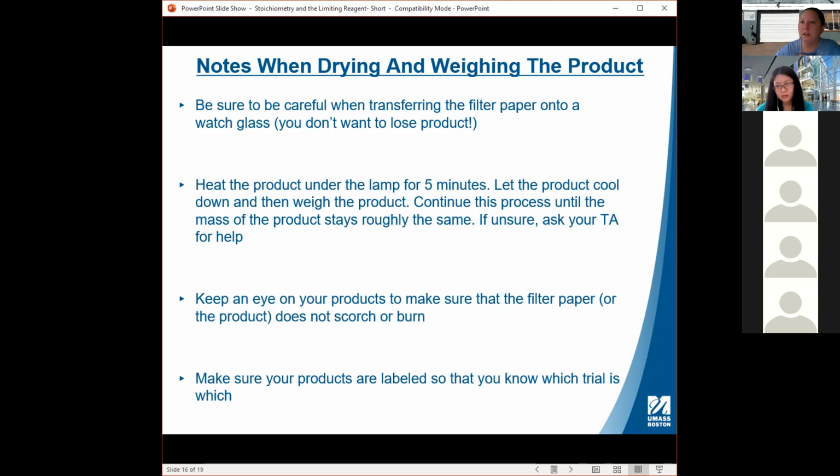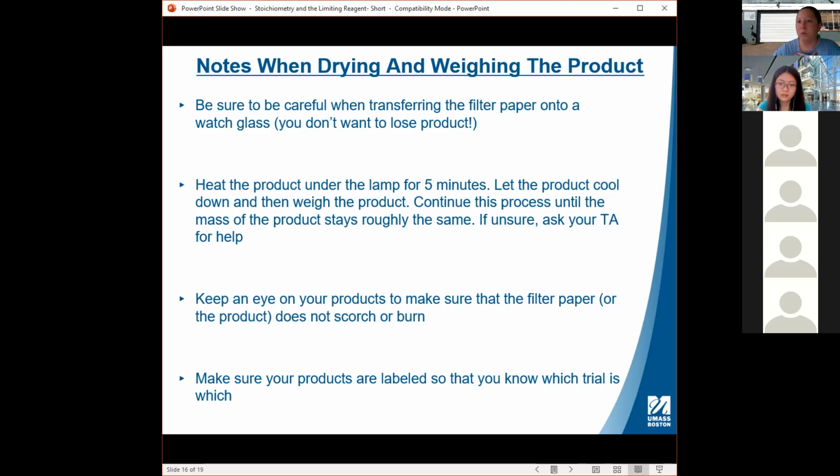Obviously you don't have to stare at it the whole time, but make sure the filter paper is not burning, because as soon as the filter paper is turning color or burning, you're immediately losing mass, because now there's a combustion reaction happening between the oxygen in the air and the filter paper. That's a whole other set of issues.